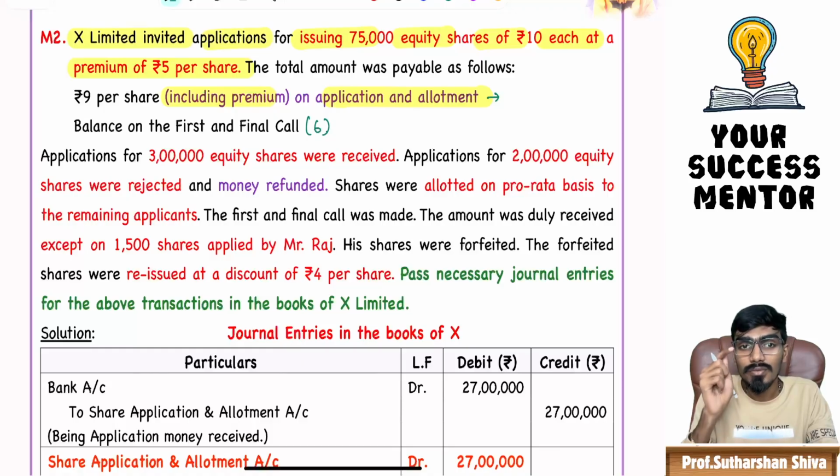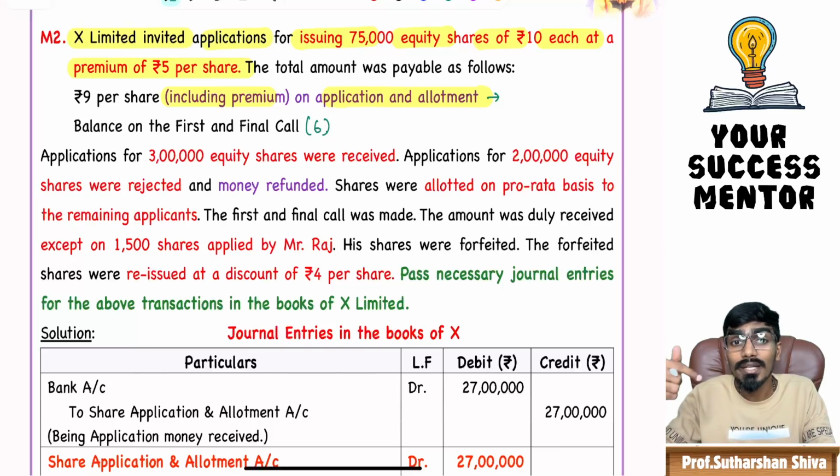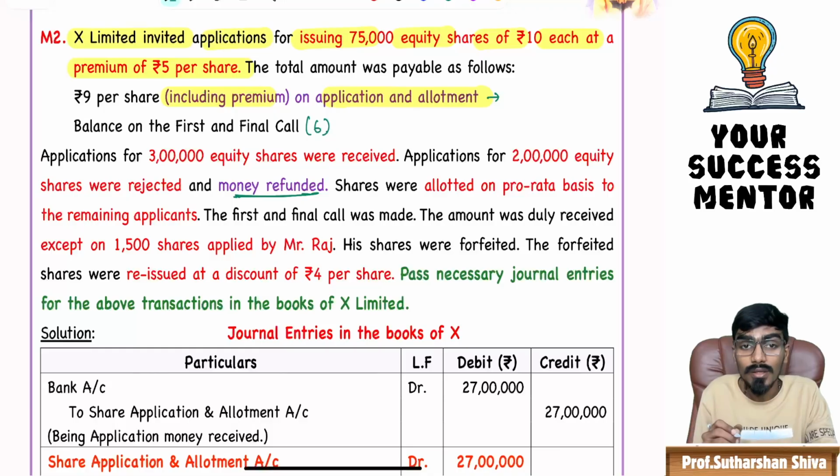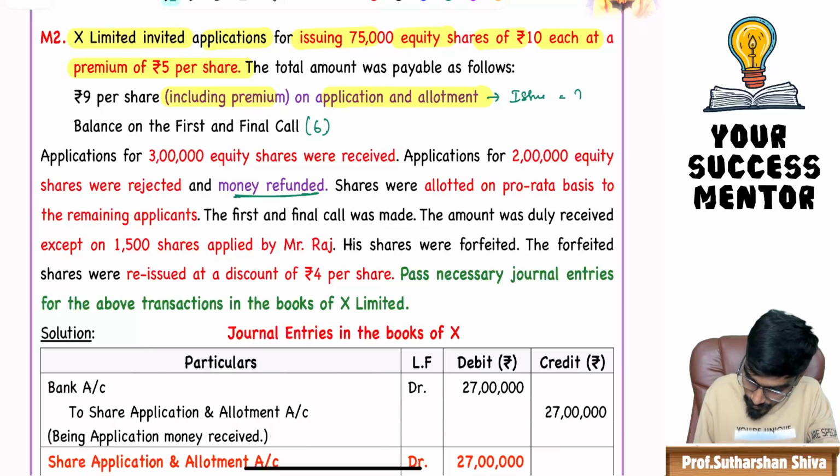Understood, sir. Applications for 3 lakh equity shares were received. On that, applications for 2 lakh equity shares were rejected and the money was refunded. That was most important. And you are just allotting for 1 lakh. Correct? How many shares are issued? 75,000. How many shares are subscribed? 3 lakh.